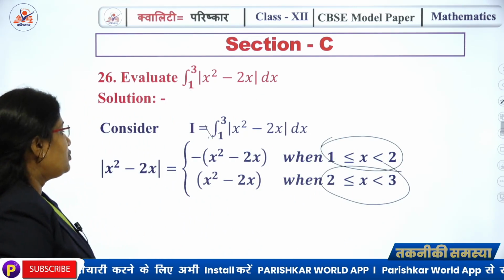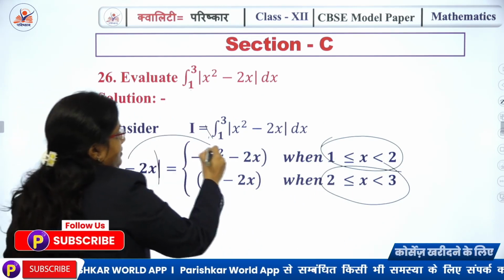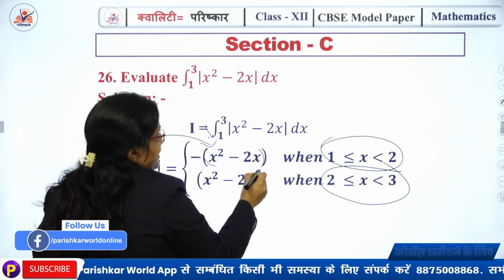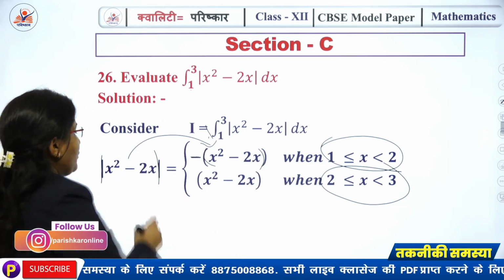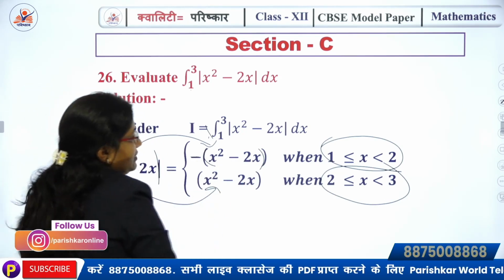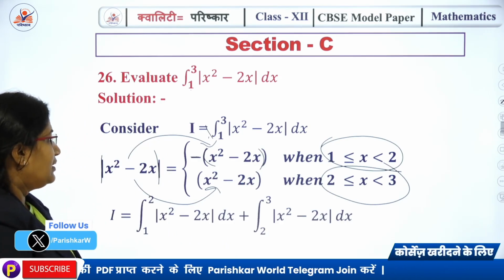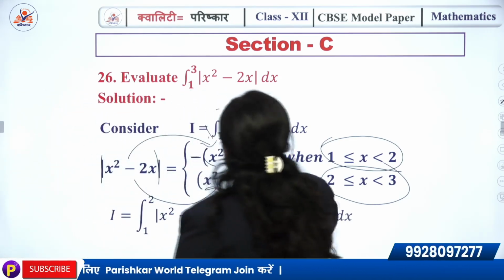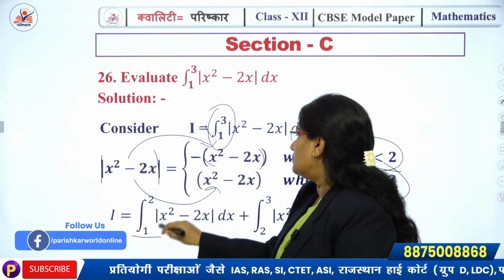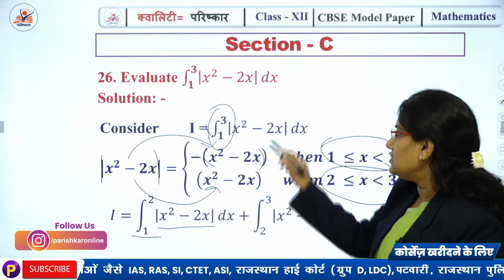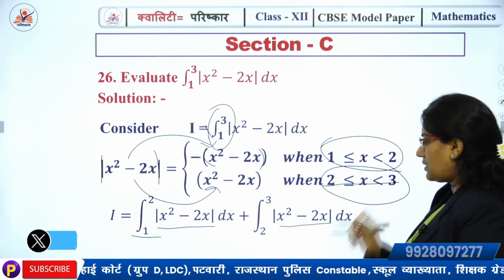Modulus of x square minus 2x is minus of (x square minus 2x) whenever the value of x is between 1 and 2, and it takes the value x square minus 2x whenever the value of x is greater than 2 and less than 3. Now break the limit of this integration in 2 parts. I is equal to integration 1 to 2 of this modulus, plus integration 2 to 3 of modulus x square minus 2x dx.